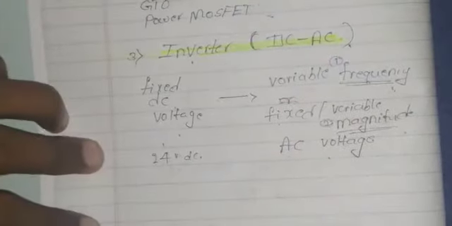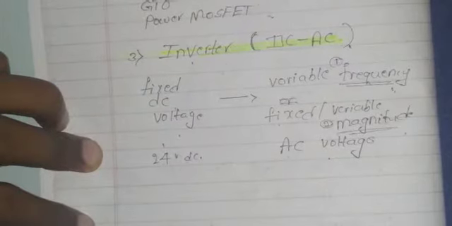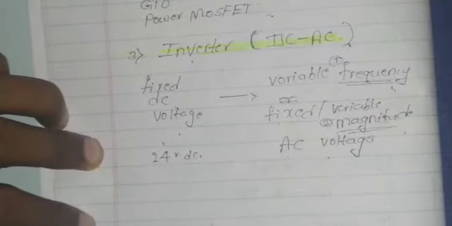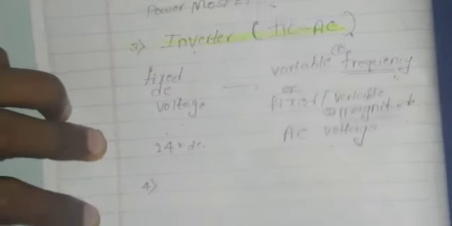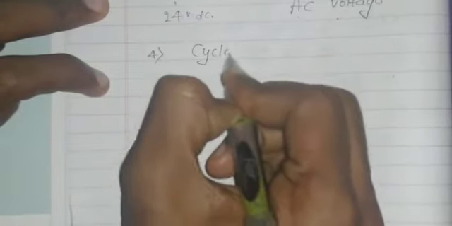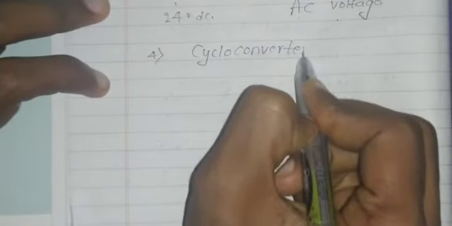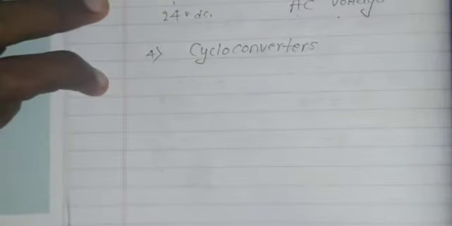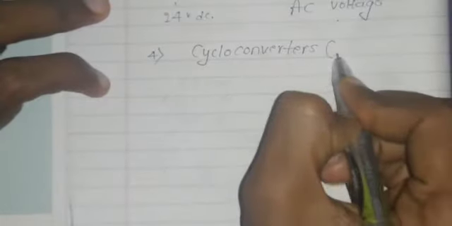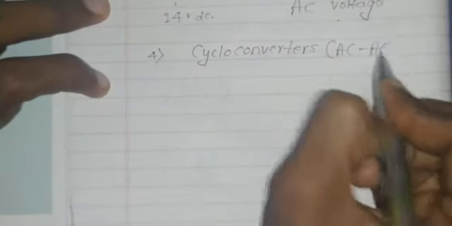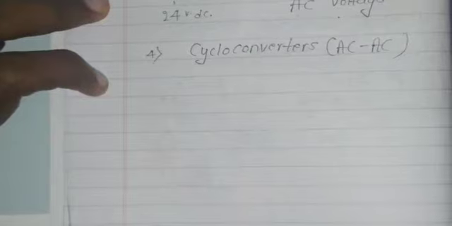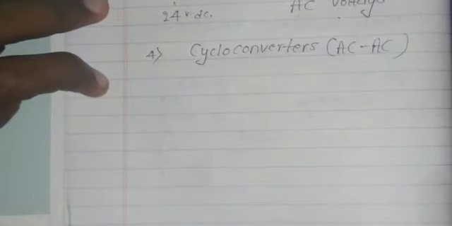And next one is cyclo converters. Cyclo converters mean AC to AC. Just convert the AC signal to an AC signal.